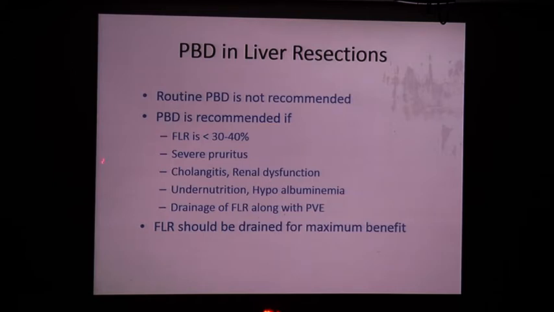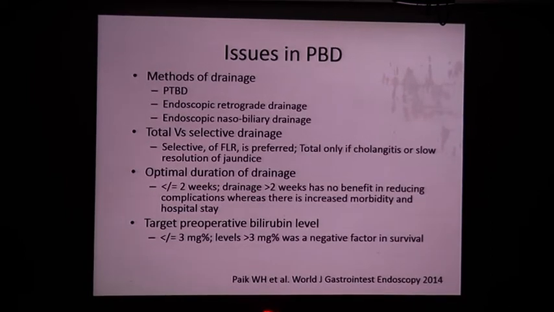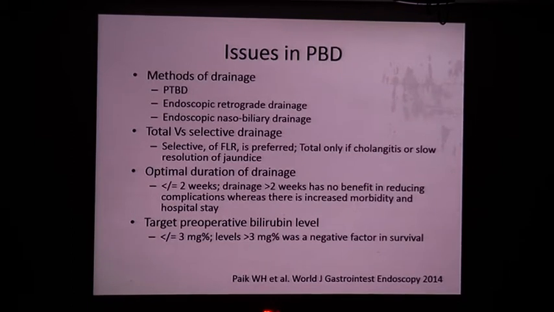If patients have symptoms, you have to do. And if the future liver remnant is small, then in order to get that up to mark, you may have to do. The other issue about pre-op biliary drainage is percutaneous transhepatic, endoscopic or endoscopic nasobiliary. And there is a lot of controversy coming about.